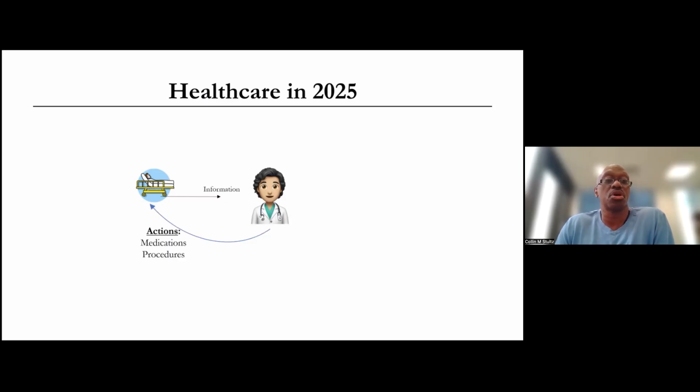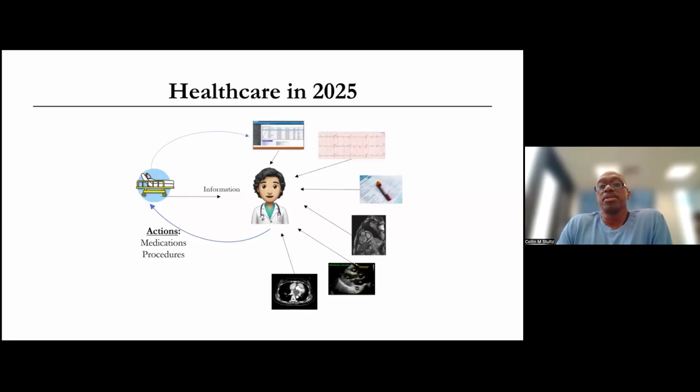And those decisions are what medications and procedures will make the patient either live longer or not feel pain or discomfort. And this is true irrespective of the field of medicine that one is interested in, disease that one is interested in looking at. What makes it different now, especially in industrialized settings, is the number of signals that the healthcare provider brings to bear to solve this problem.